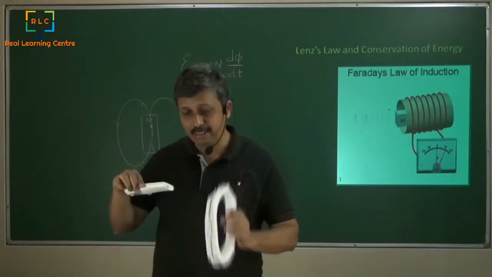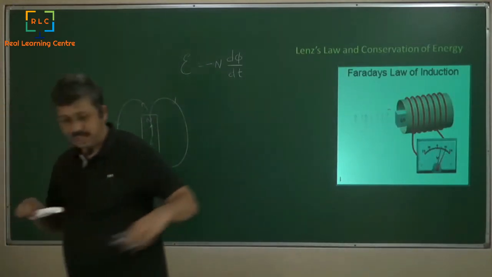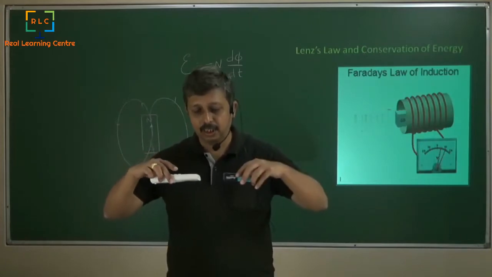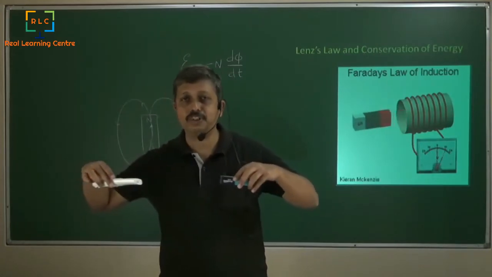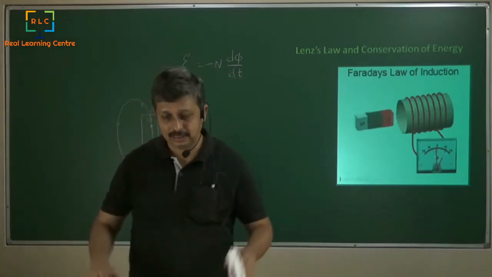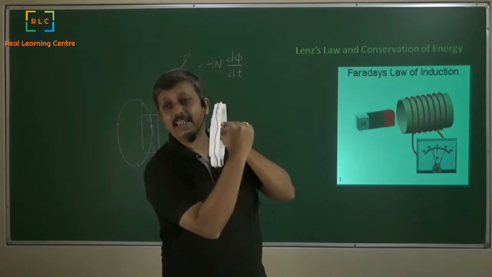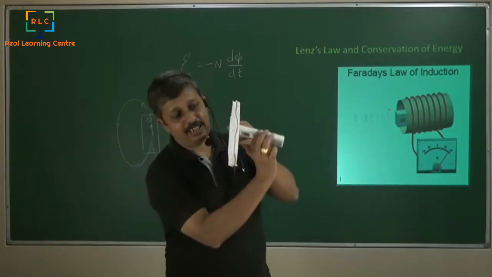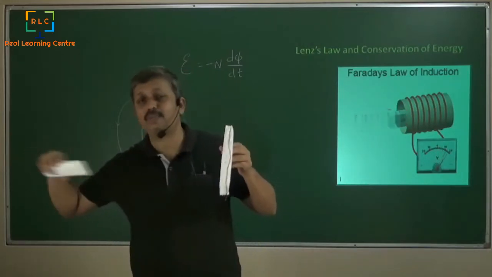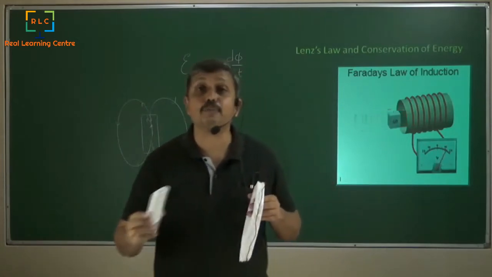North to north, if I bring it nearby, it pushes, it repels. So if this circuit somehow produces a magnet in this direction, it is going to push the original magnet that we are sending. That is how it can oppose.